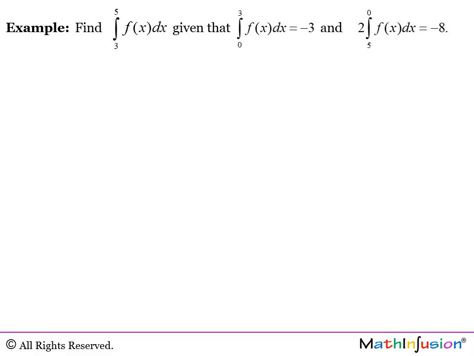Example. Let's find the integral of f(x) dx between 3 and 5, given that the integral between 0 and 3 is negative 3, and 2 times the integral between 5 and 0 is negative 8. We will have to use some of the properties.